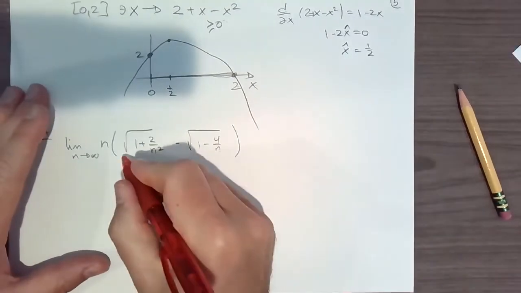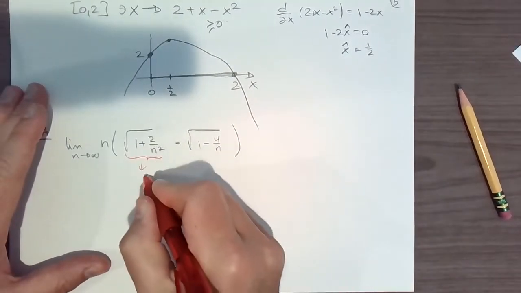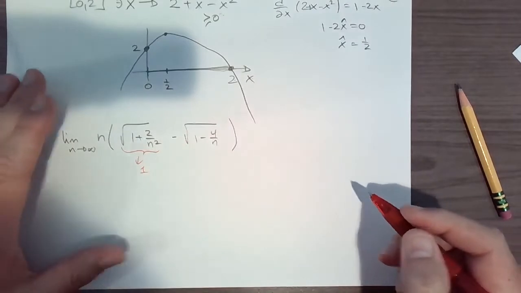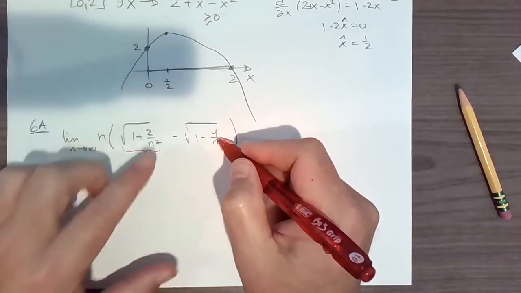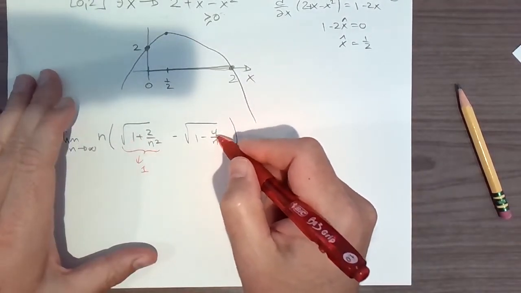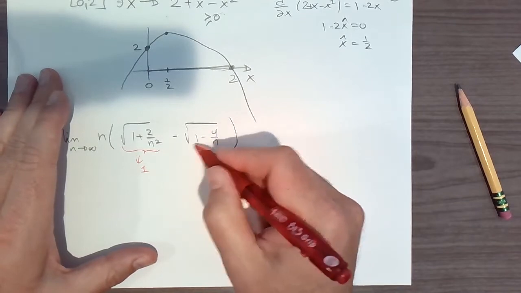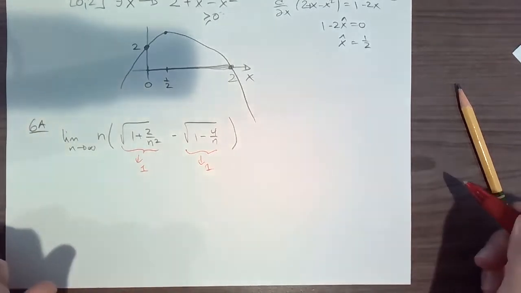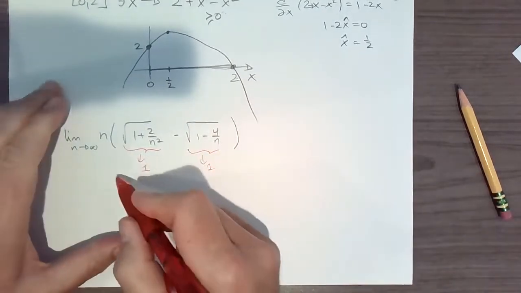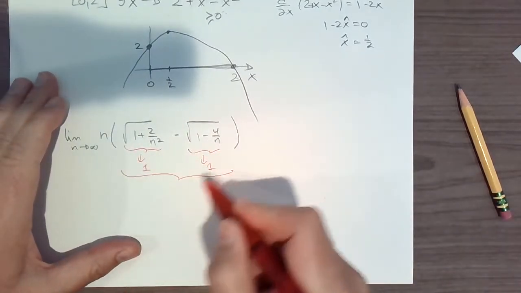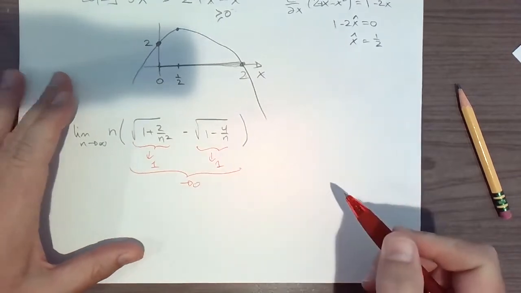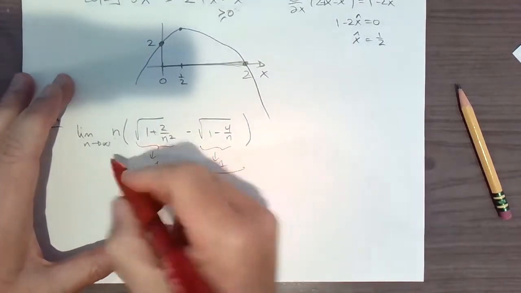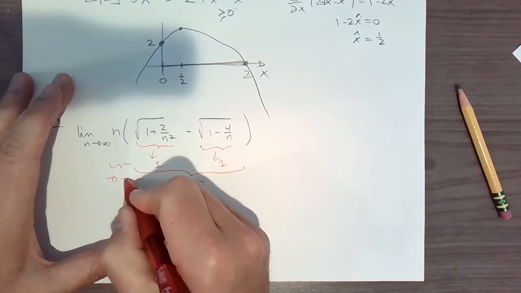The same thing over here: 4 divided by n, not n squared, is going to converge to 0, so you're going to get root of 1, which converges to 1. So the difference, if I take everything into parentheses, is going to converge to 0. And then you have n sitting outside, which is going to converge to plus infinity.